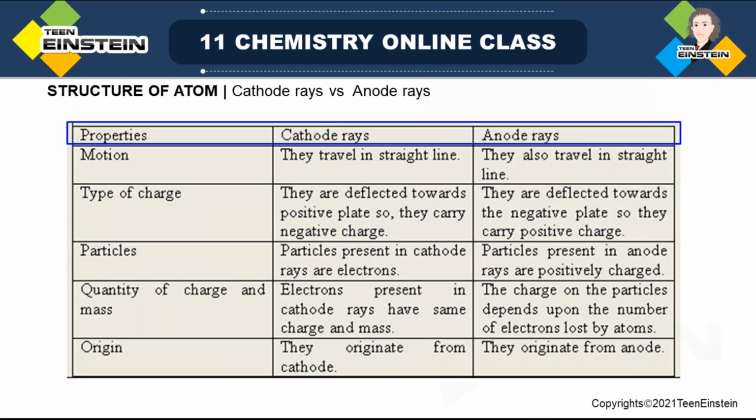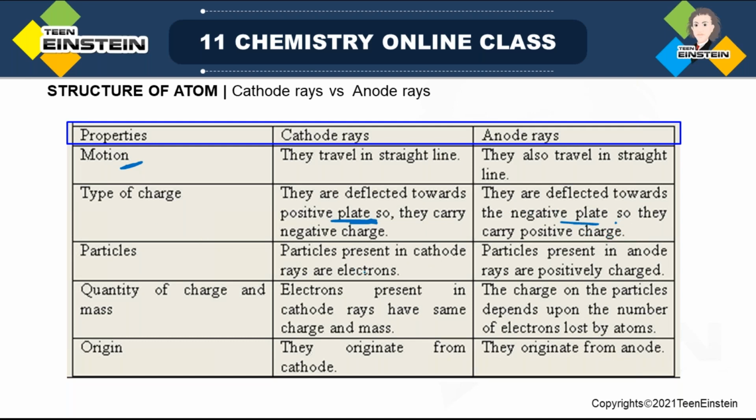If we compare cathode rays and anode rays based on some properties mentioned in the left-hand side table, in motion, cathode rays travel in a straight line. Anode rays also travel in a straight line. So this is a similarity. Type of charge, now this is different. Cathode rays are deflected towards positive plates, which means they are negatively charged. Anode rays are deflected towards the negative plate, which means they are carrying some positive charge.